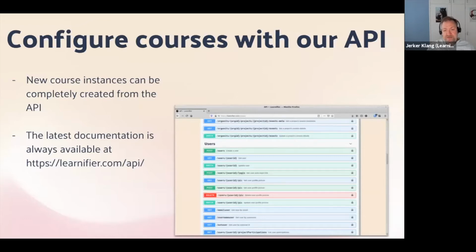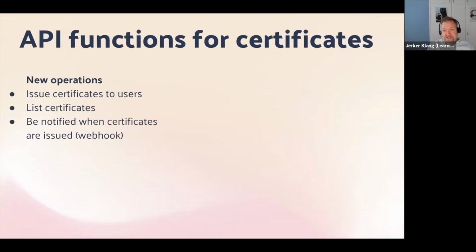Besides the course configuration, we have also added additional API functions for certificates. As you might know, we added a certificate function a while ago. And we know you want more features related to certificates, and more are upcoming.